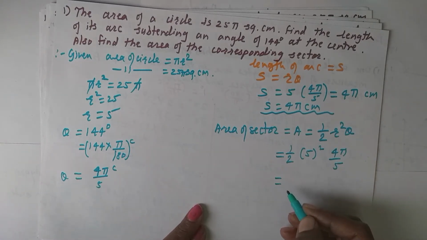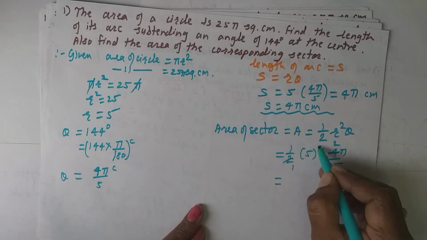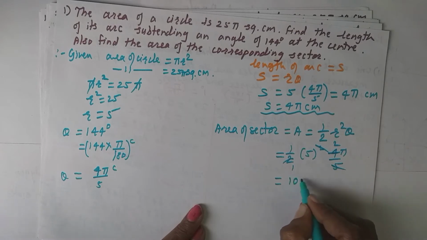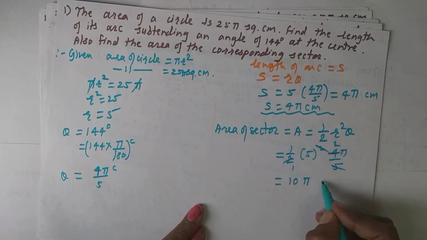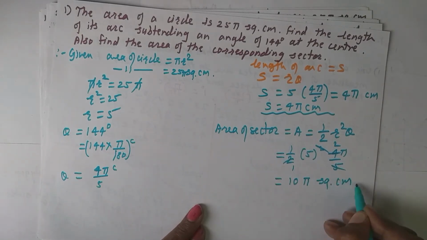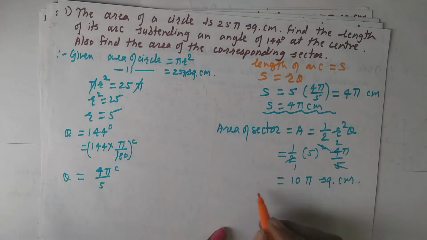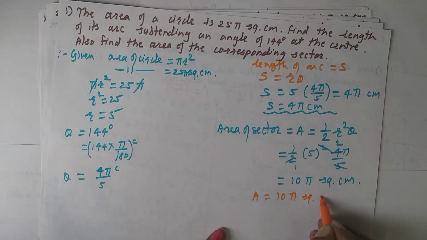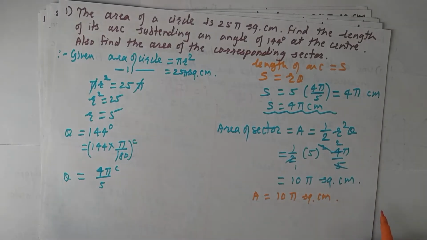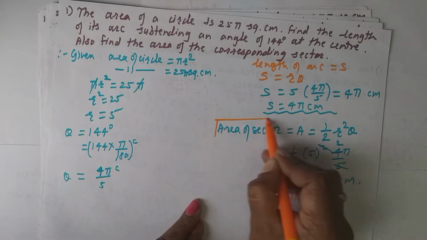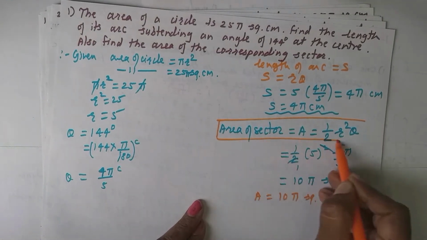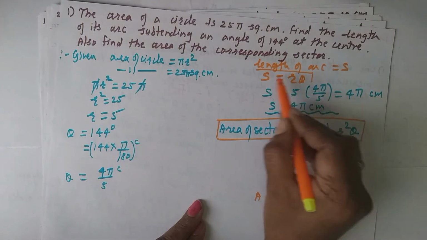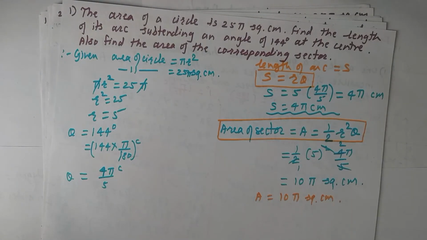After simplification, 5 will get cancelled and you will get 10 pi, and as it is area, you write down square centimeter. In this way, I have got area of sector 10 pi square centimeter. If you know this formula for area of sector, and for arc length this formula, then it is very simple to find area of sector.